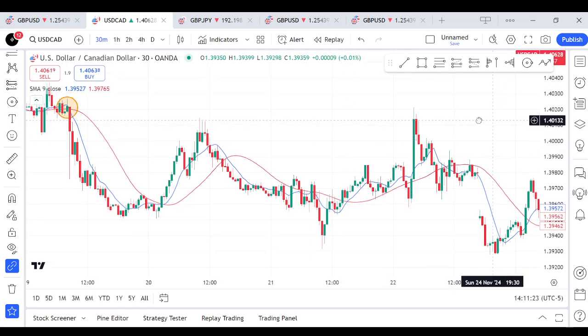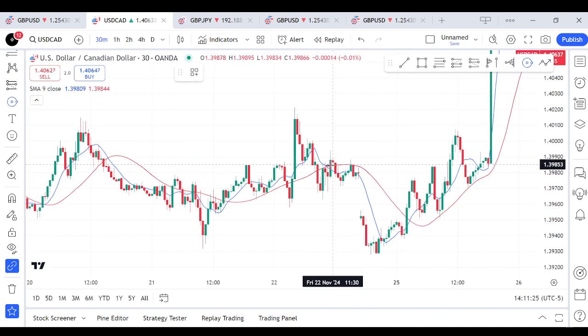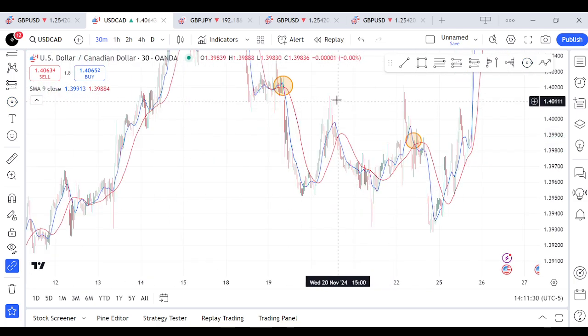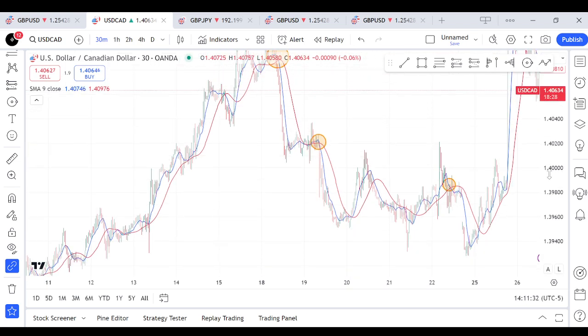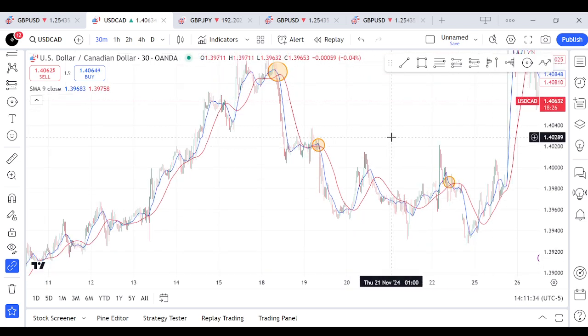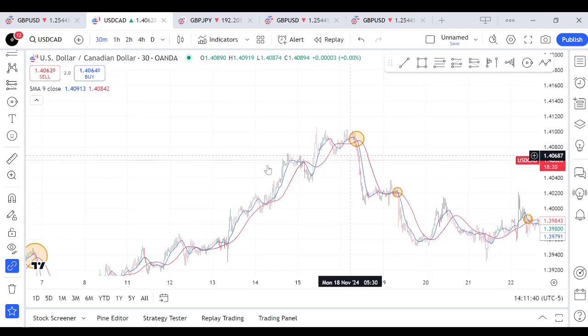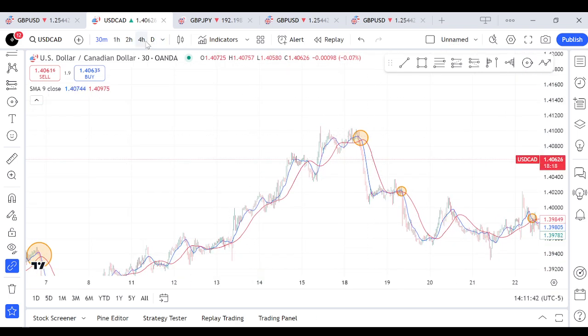And this is another example, as you can see. These are just examples on the lower time frame to show you that bearish crossovers are not limited to just the higher time frames or just the lower time frames. It works regardless of the time frame you use.